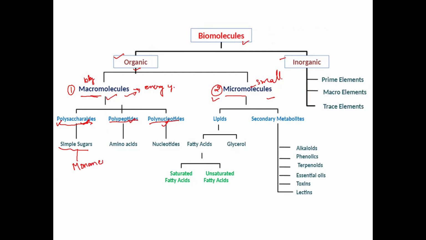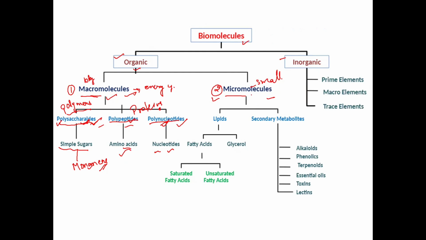A monomer unit is a simple smaller unit which combines and makes a large group of molecules, a chain molecule, that is a polysaccharide, or we can say a polymer. So monomers make a polymer when multiple units of monomers combine and form a polymer. So these are the polymers, whereas these are the monomers. For protein, the smallest monomer is the amino acid. For nucleic acid, the monomer is the nucleotide.